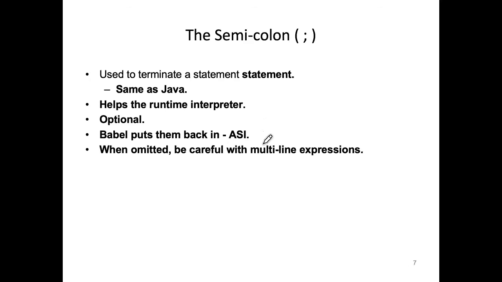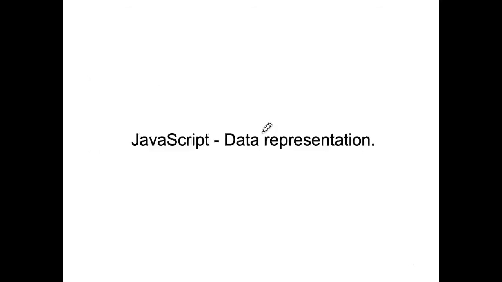So for now, the semicolon is optional. And anyway, even if you leave it out, once the Babel tool takes your JavaScript code and converts it into ES5 JavaScript, it will actually reinsert it for you anyway. That's background.